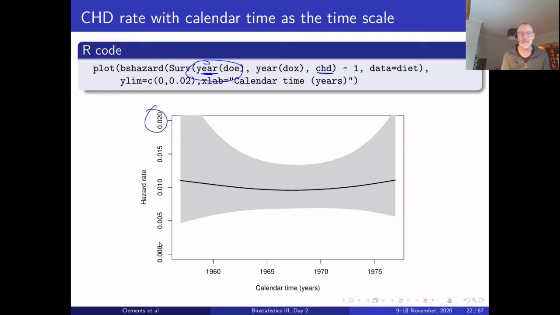Again, we're using the same y limits, and we have calendar time here. And again, we find no strong association. So to review, we found no strong association with time since study entry, no strong association with calendar time, but a very strong association with attained age.